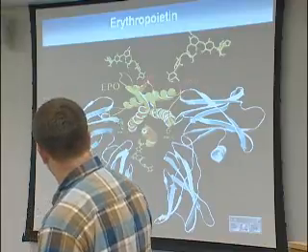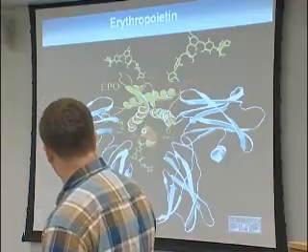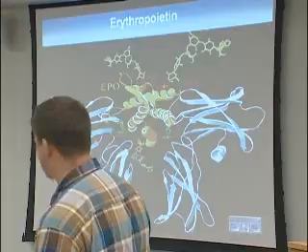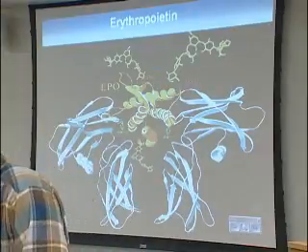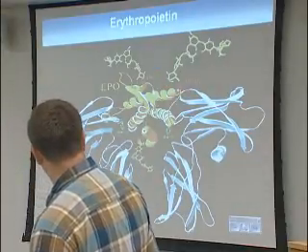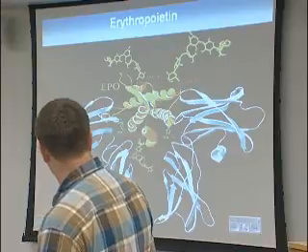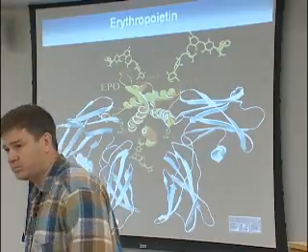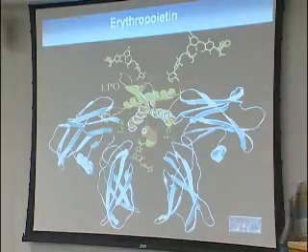The erythropoietin itself is that part of the picture. Now, erythropoietin has got 3 N-linked glycosylation sites. And the sugars that are attached to that are shown over there, and over there.